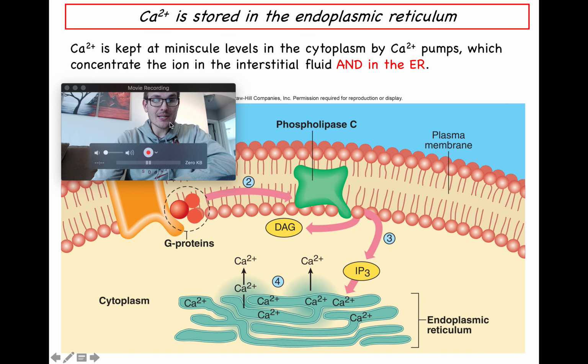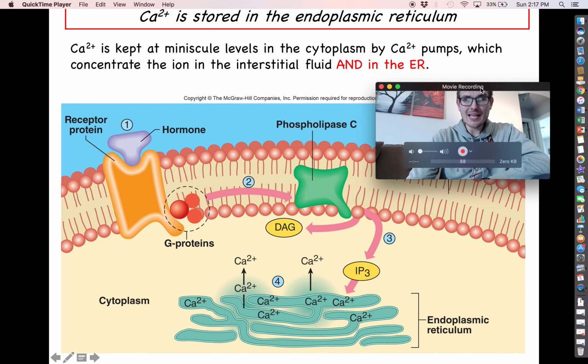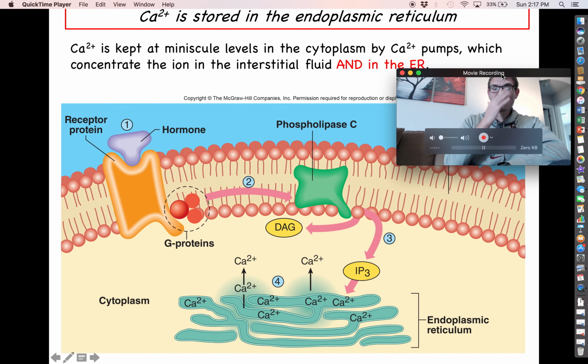Do not forget the endoplasmic reticulum. We talked about this way back in Chapter 3, and I promised you that we would see the payoff for it when we started talking about muscle. The endoplasmic reticulum, in addition to being involved in a lot of protein synthesis with all its ribosomes, and lipid synthesis if you're talking about the smooth endoplasmic reticulum, stores up and hoards a lot of calcium.